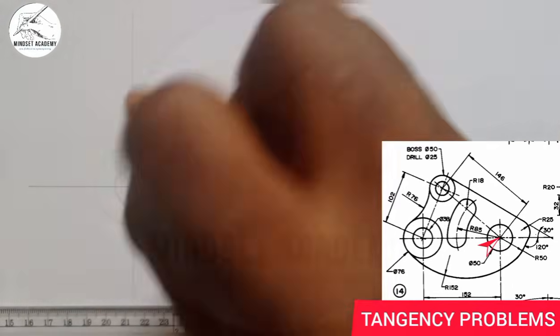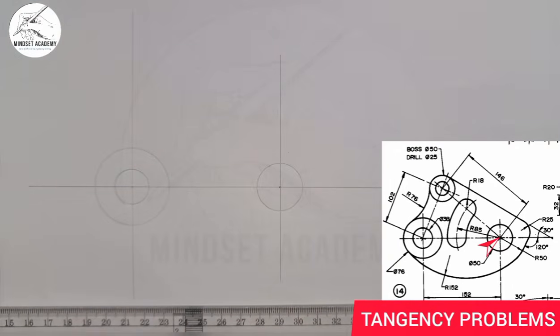You can see that. The next thing is there's a bigger circle that has a radius of 50, this one outer here, right? Since the circle is incomplete, I'll just draw it with a faint line. Half of 50 is 25, since we are using half full size.